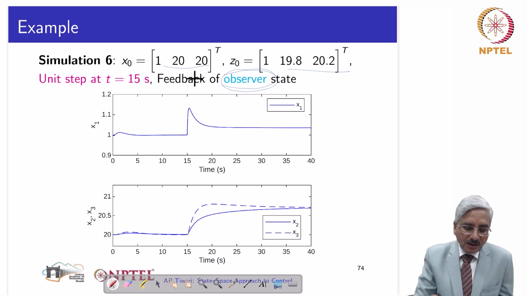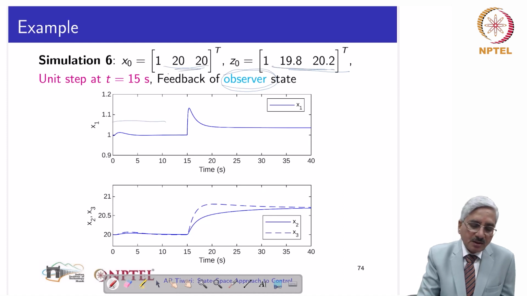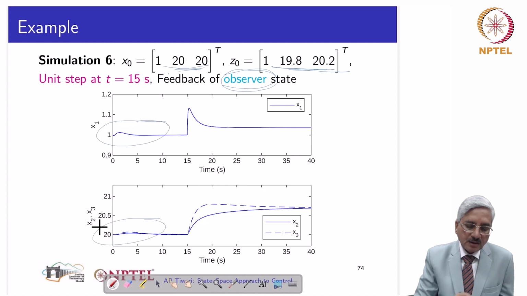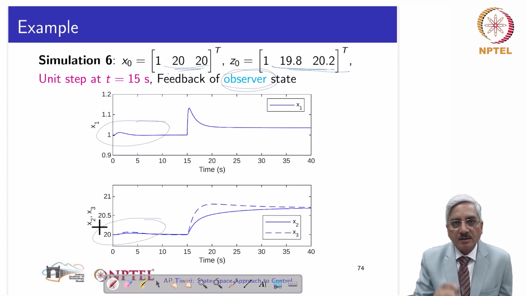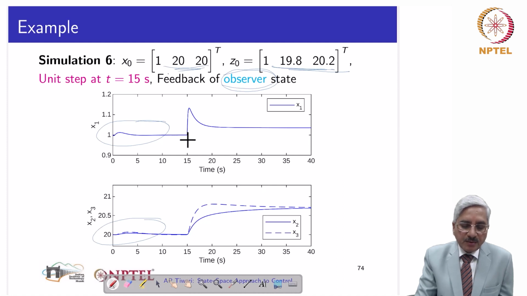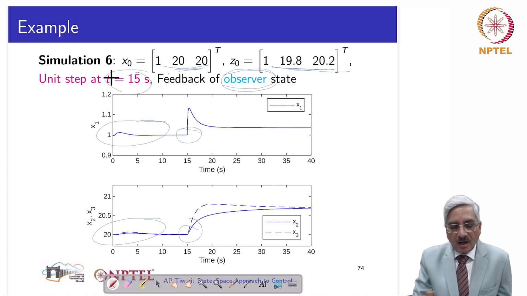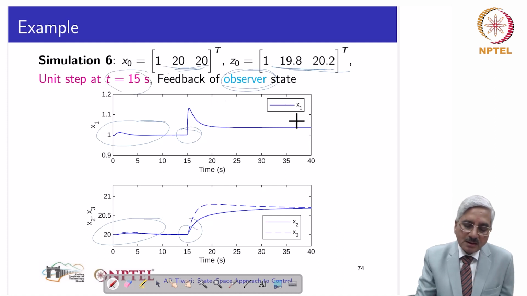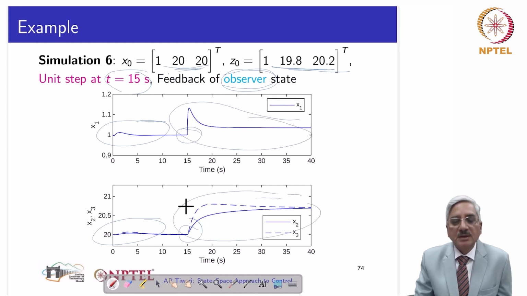Because initially there was deviation between x and z, the system undergoes initial transient, as expected, but they stabilize well before the application of the input at t equal to 15 seconds. And then the rest of the transient is in response to the applied step input.